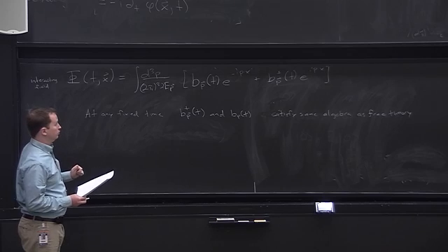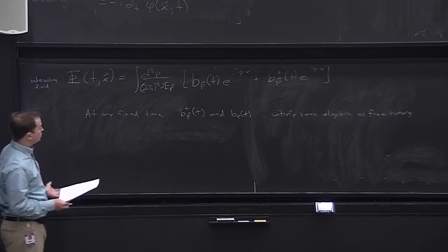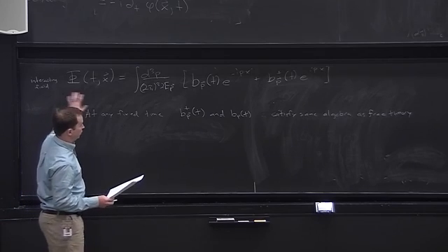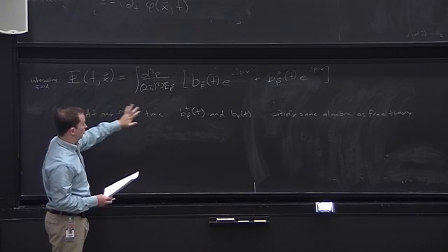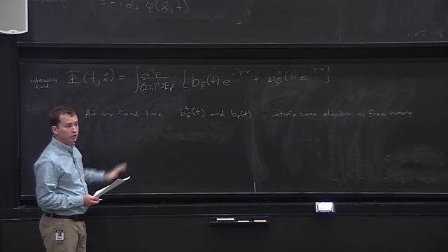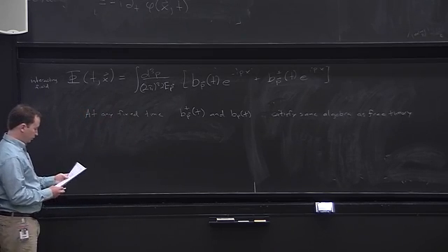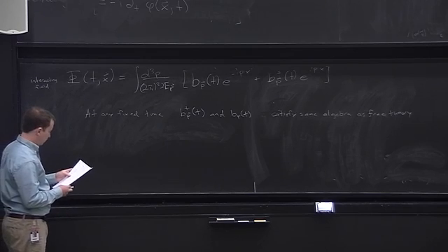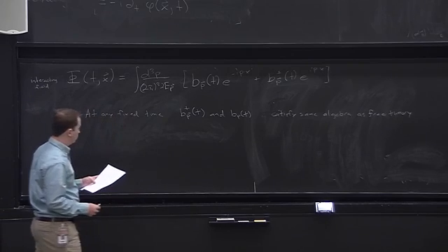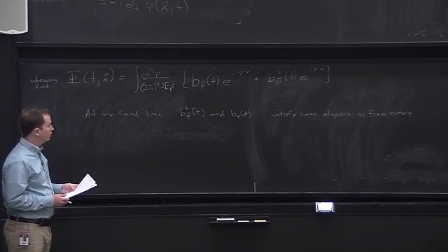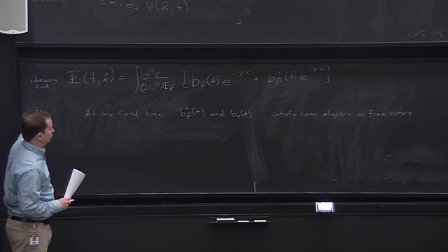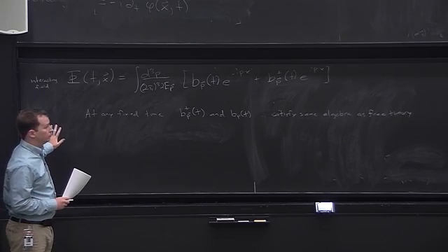That will be the difference between the interacting theory and the free theory. The difference will not be in the relationship between the field operators and the ladder operators, but rather in the time evolution of the ladder operators. We'll come back to interacting theories tomorrow.